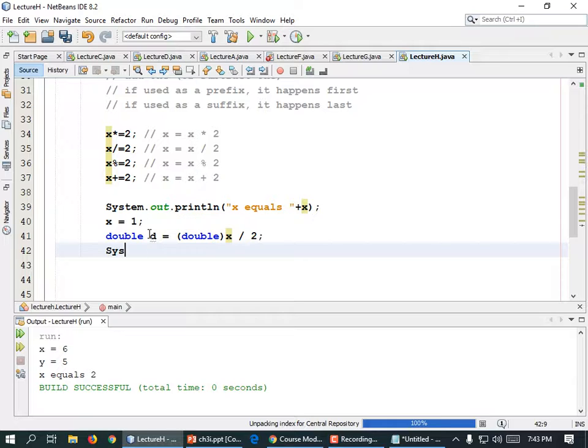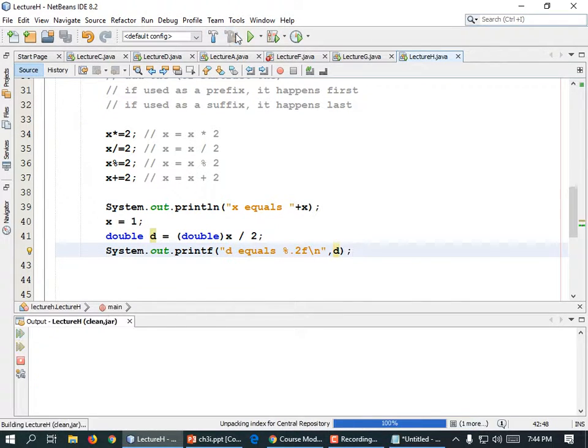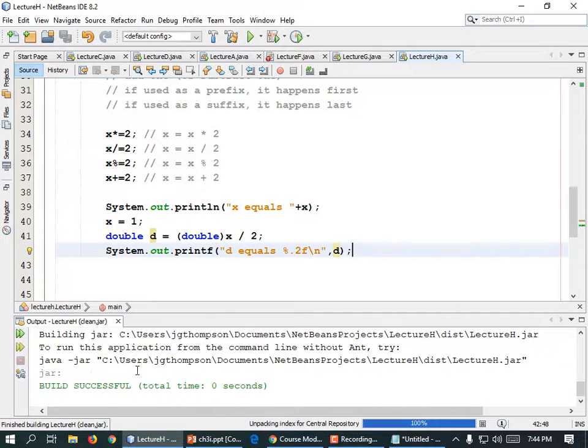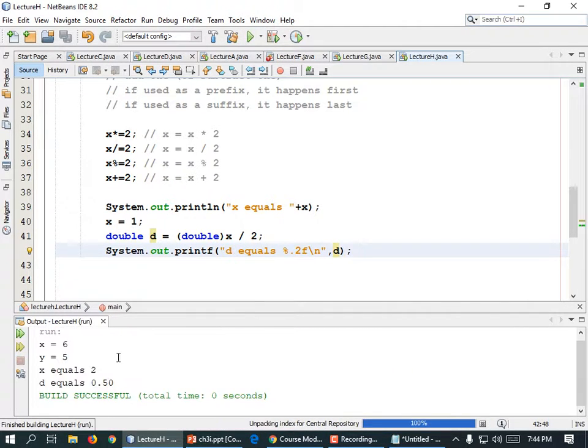Let's print that one out. System.out.printf("d equals %.2f \n", d); And d equals 0.5, but what happens if you take this part off?